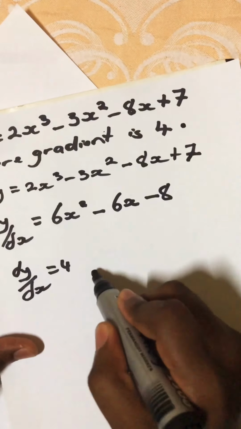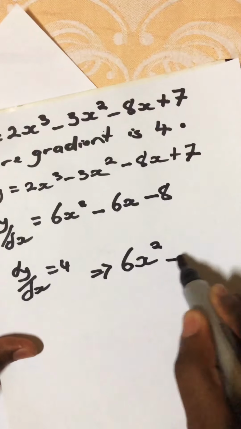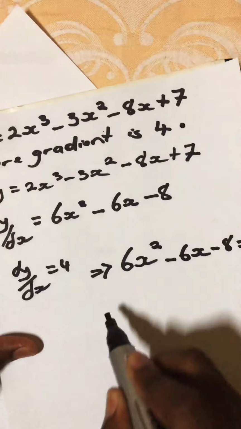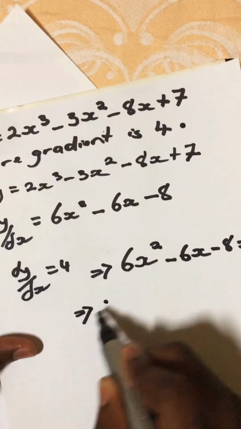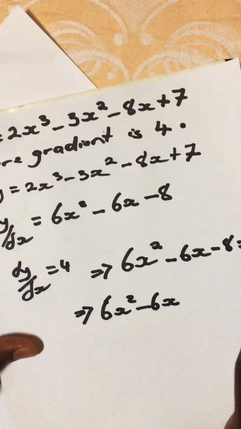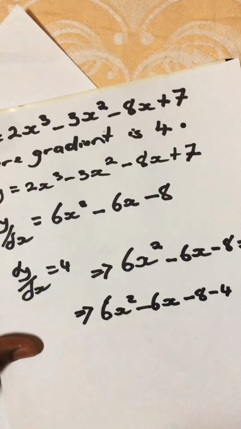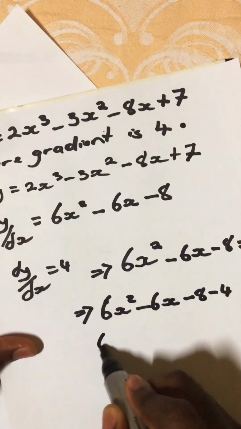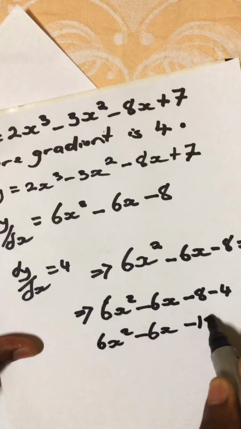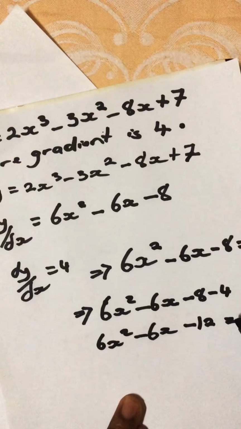So it implies 6x squared minus 6x minus 8 equals 4. It implies 6x squared minus 6x, we bring 4 all over, so minus 8 minus 4, equals 0. So it's 6x squared minus 6x minus 12 equals 0. And now we have to factorize this.